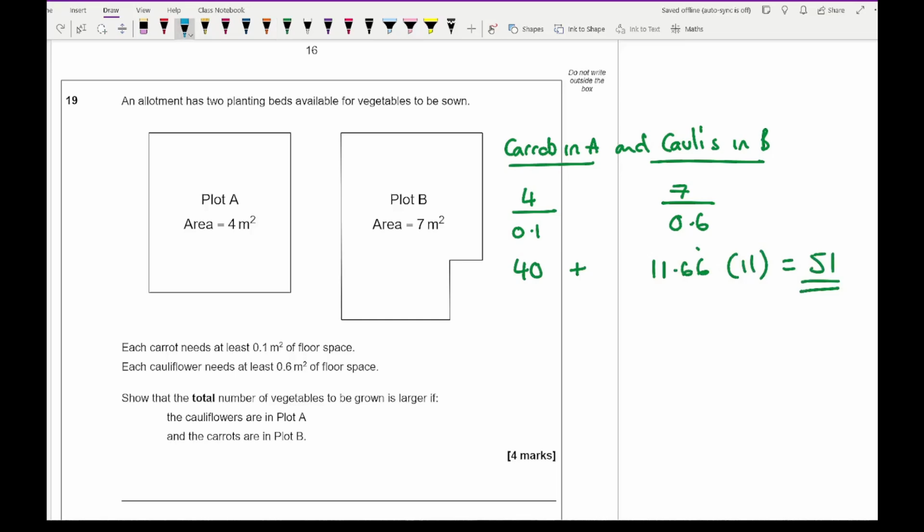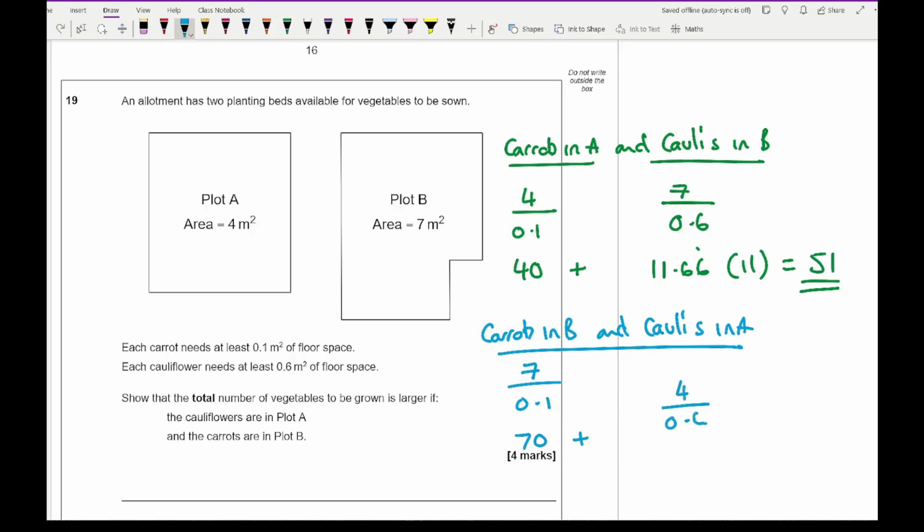Then if I do carrots in B and cauliflowers in A, then that's going to be 7 divided by 0.1, which is 70, plus we then get 4 divided by 0.6, which is 6.6 recurring.